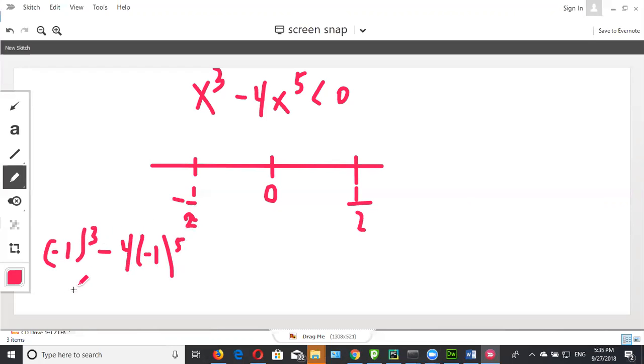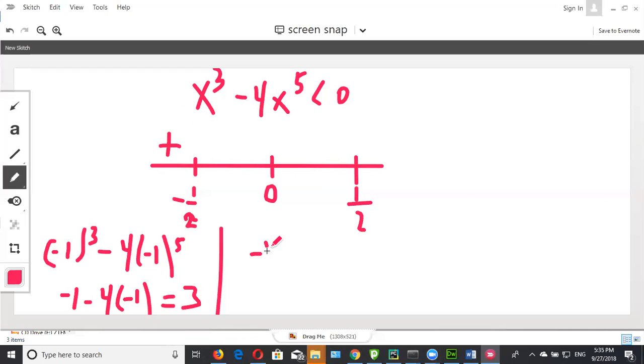This is just minus 1 minus 4 times minus 1, which is plus 4 minus 1, 3. So to the left of minus 1/2, the sign is positive. It's greater than 0. Now we need to test a value in the next region, between minus 1/2 and 0.